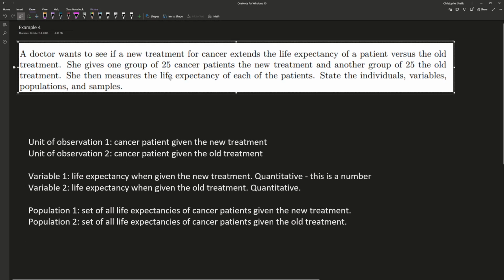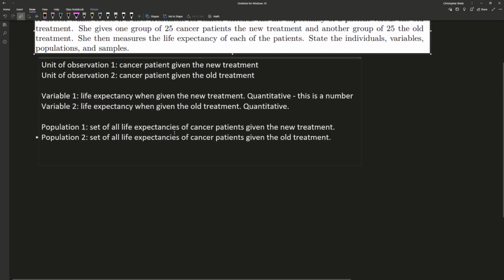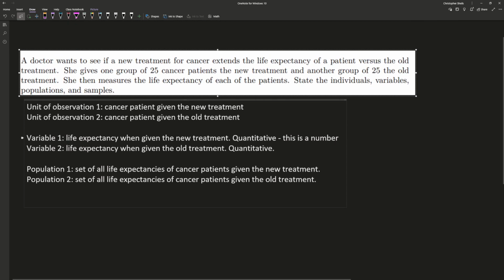So as a result, I'm going to move this down a little bit to try to keep this in view as we're getting through the rest of these. We still want to get to samples. And then, of course, we want to list our parameter and our statistic as well.